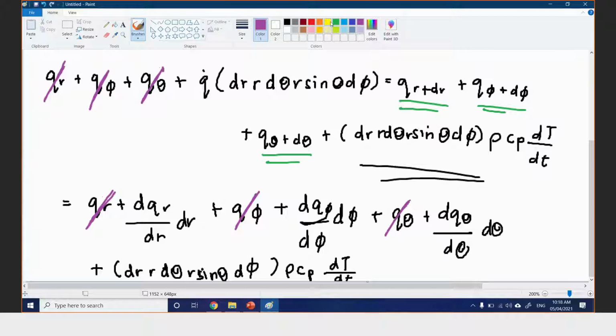Because we are interested in knowing the temperature profile, the temperature profile is here, dT over dt. So let's isolate this term. To isolate it, we bring all these three over to the left side of the equation.